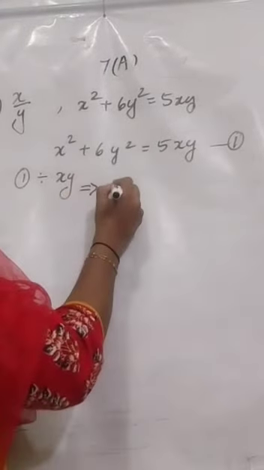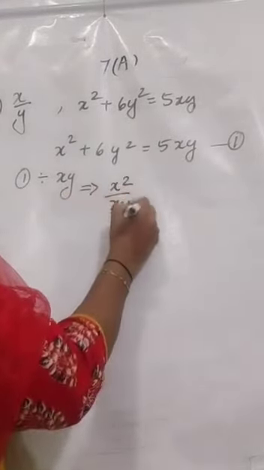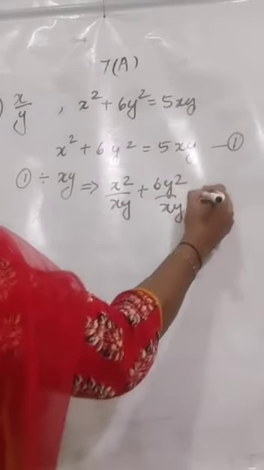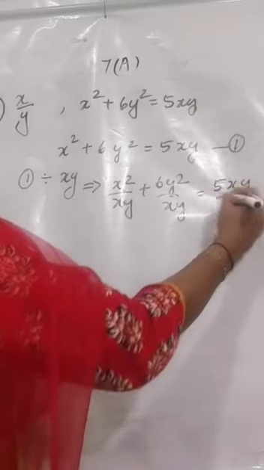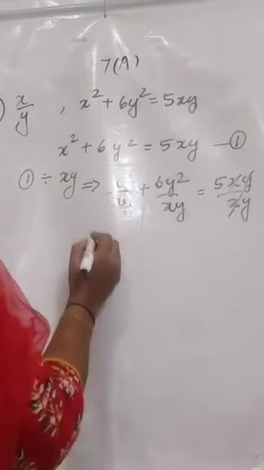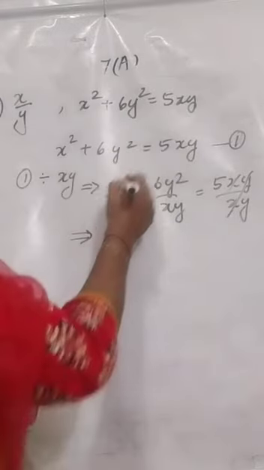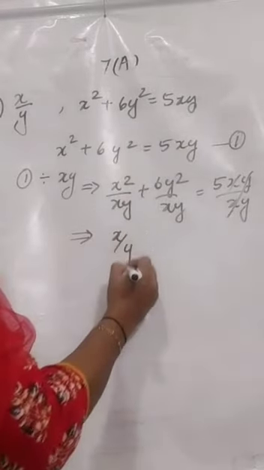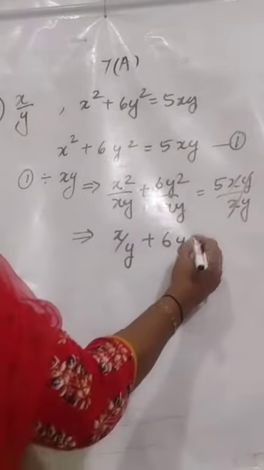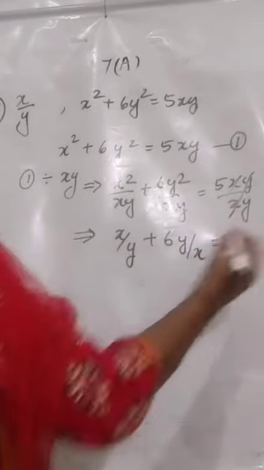And we get x square/xy plus 6y square/xy equals 5xy/xy. So we can cancel out this. x square and 1x will be cancelled. So x/y plus 6 into 1, y and y cancelled here, so 6y/x equals 5.